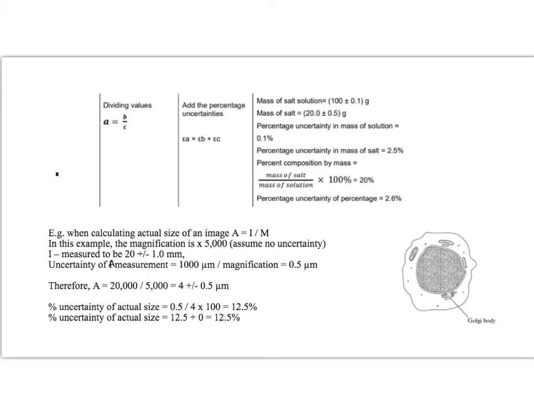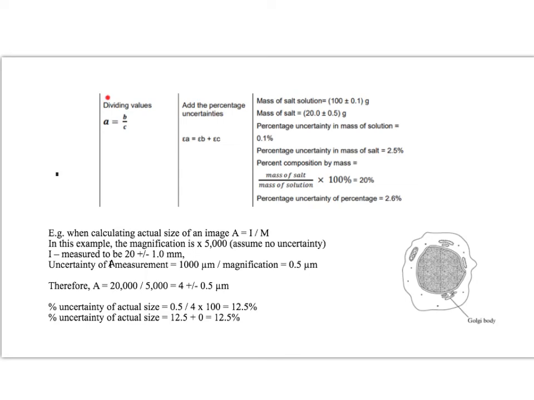That's the uncertainty of our actual size. Our actual size: remember, you've got 20 millimeters times 1,000, so it's 20,000 micrometers divided by our magnification, which is equal to 4 plus or minus 0.5 micrometers. That's an important step that you need to know how to do.